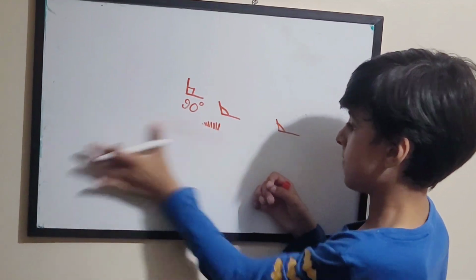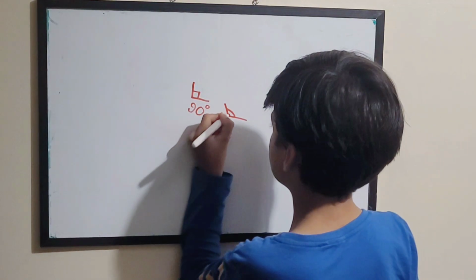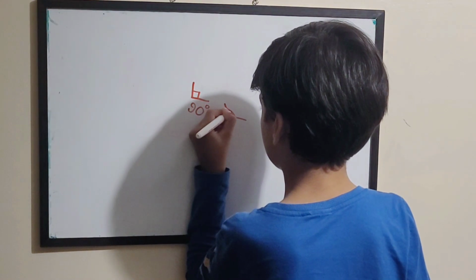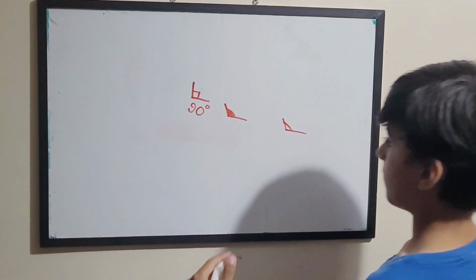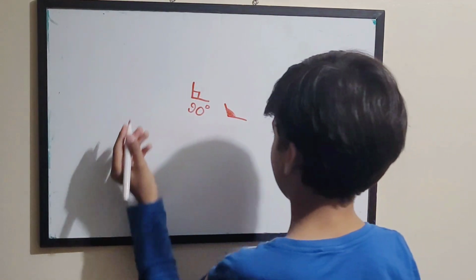So now, this angle over here, it is more than 90. You can fit a square there. And the square means 90, okay?